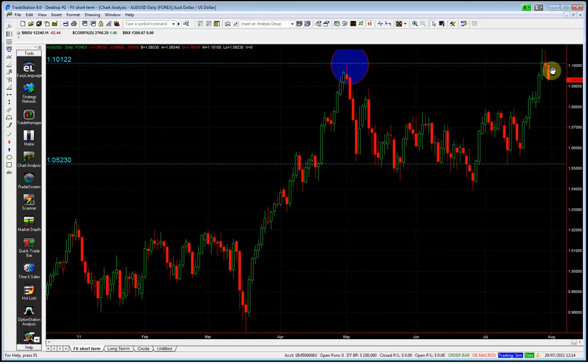On a revisit of a level like this, it's a point of such reference that above this point we need to see a continuation to the upside.